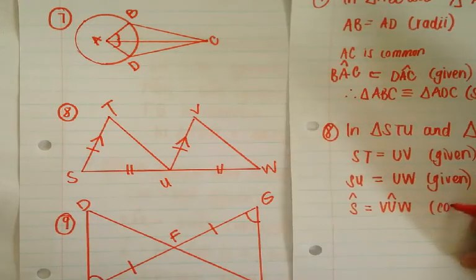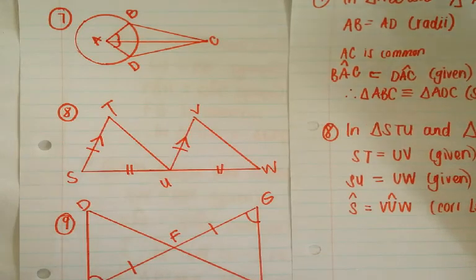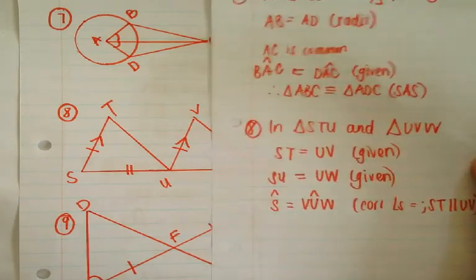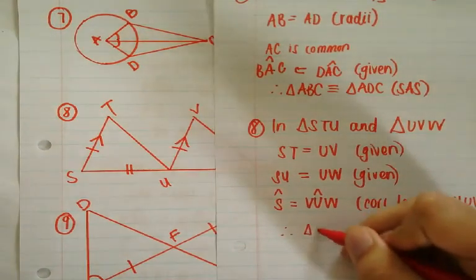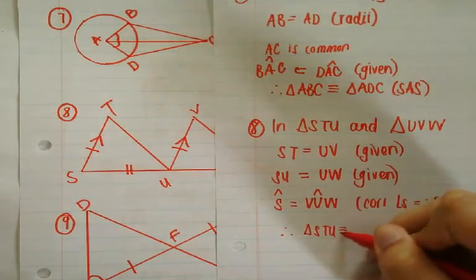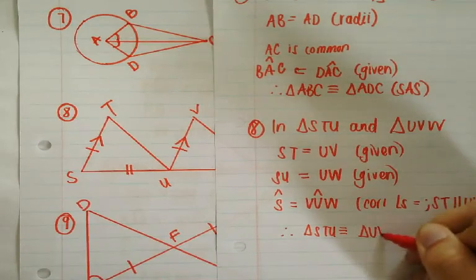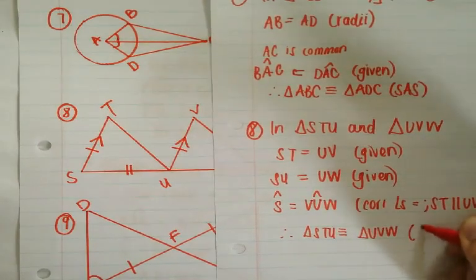And I'm going to say corresponding angles are equal, and therefore I must also say what the parallel lines are, else I don't get that mark. Lastly, I can say that these two triangles are congruent because of SAS.